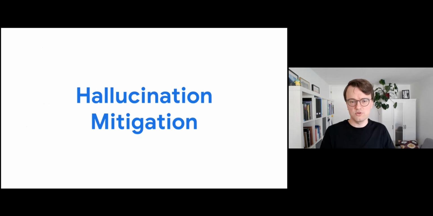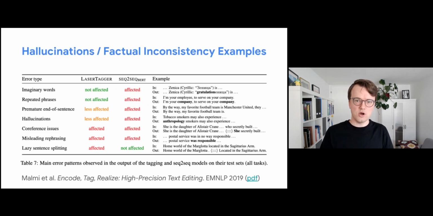So you really need to make sure that your model doesn't produce unreliable outputs. So how do you go about this? Or actually, before that, just to give you some ideas. In the LaserTagger paper that I mentioned in the previous lecture, we analyzed a bit what types of hallucinations our sequence-to-sequence baseline, the transformer model, was making, as well as the text editing model.